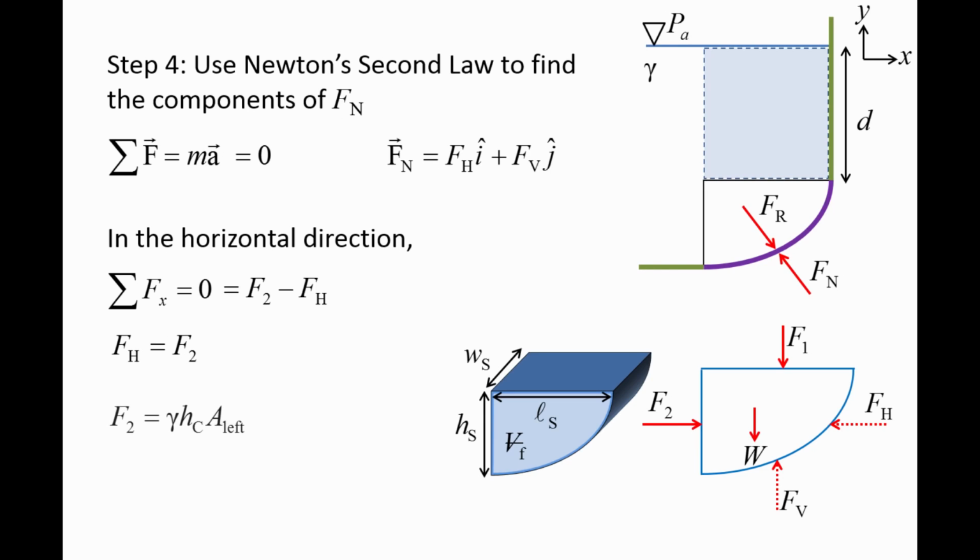F2 is the resultant force on the left planar surface and can be calculated from the equation gamma times hc times the area on the left side of the isolated fluid body. hc is the vertical distance from the free surface to the centroid of the left planar surface and is d plus 1/2 hs. The area of the left planar surface is ws times hs.